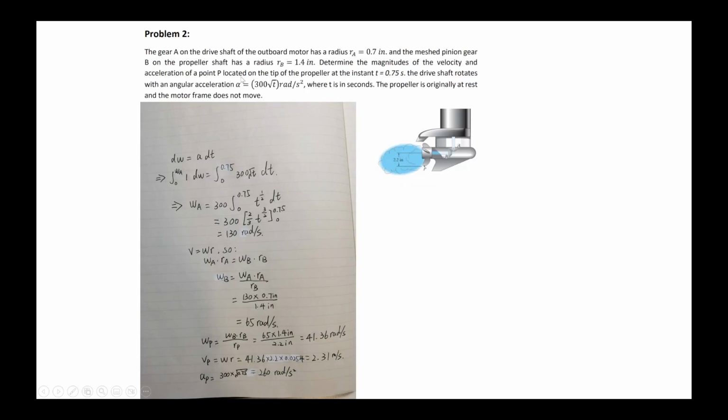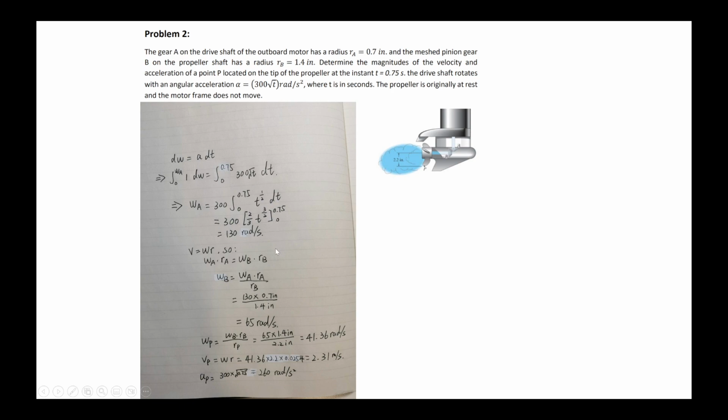And for question 2, according to the equation dω equals α dt, we can just put the numbers into this equation. I just list it here, and the integration of omega is equal to omega A, which equals the integration of the times.